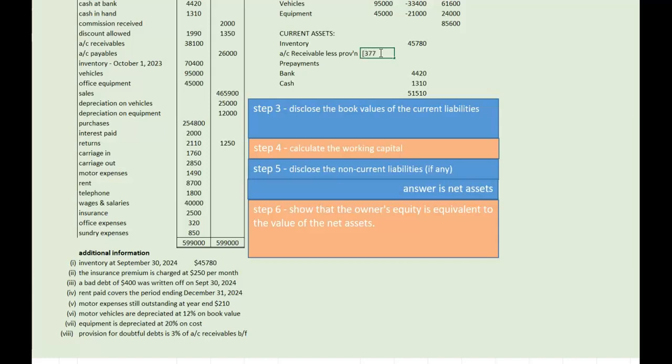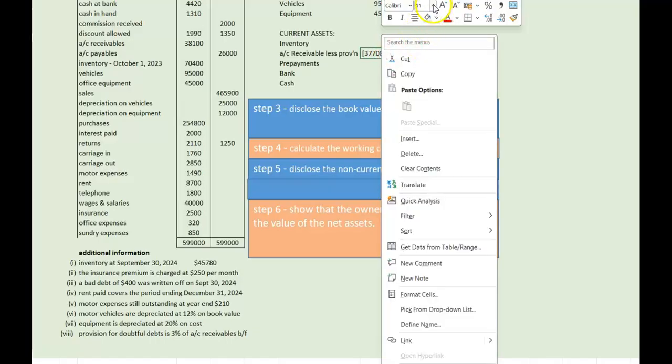37,700, of which I'm going to take away the provision that was made, which was 1,143. All right, that's the provision that was made. So let's make that a little smaller.